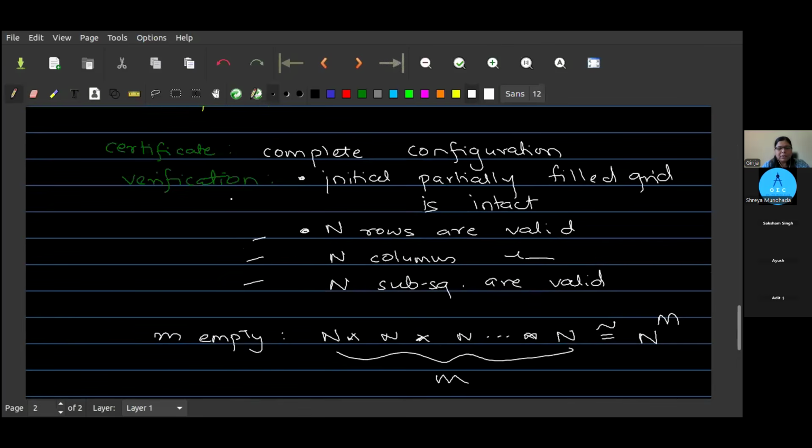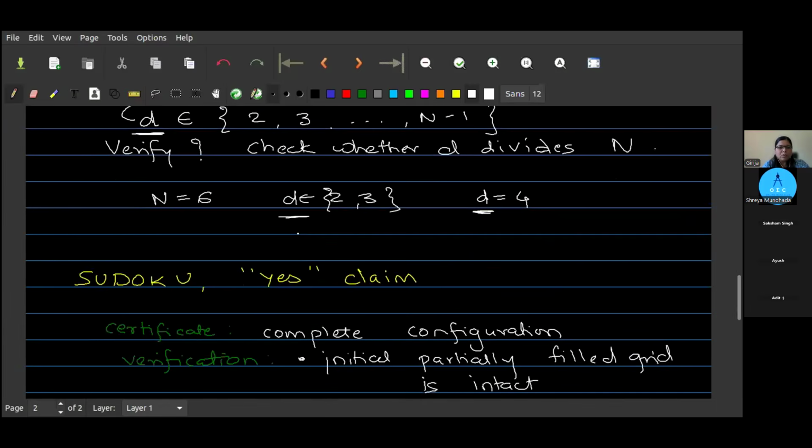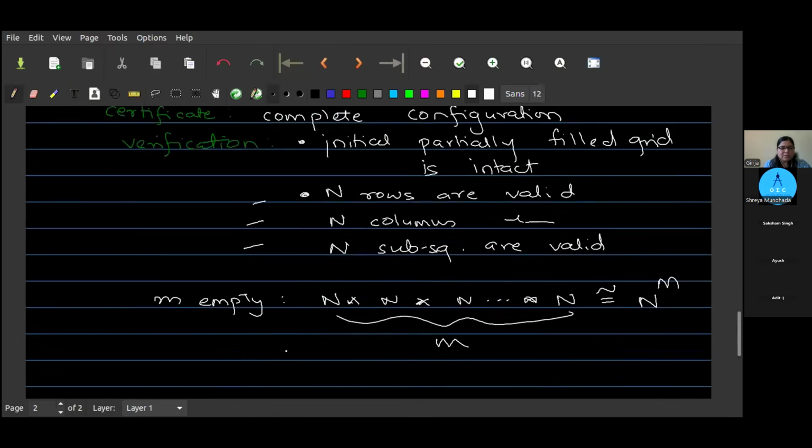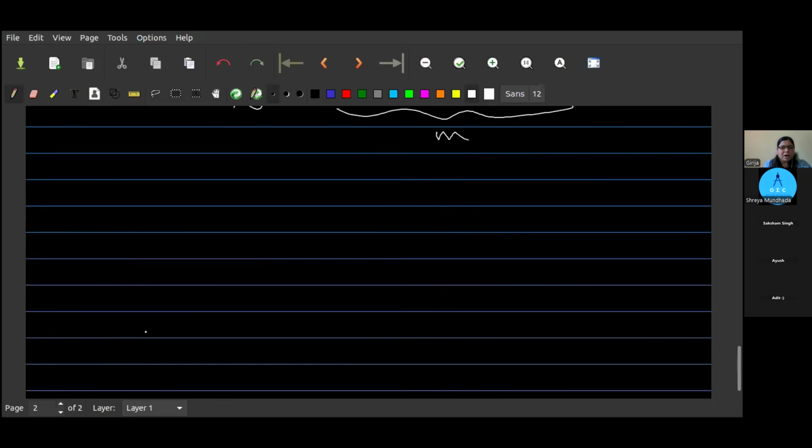But everybody agrees that at least for the two examples that we looked at, and specifically this combination, Sudoku with a yes claim and prime with a no claim, it seems like verification is much more straightforward than solving it. Yes. Okay, so now we will try to formalize this using complexity.